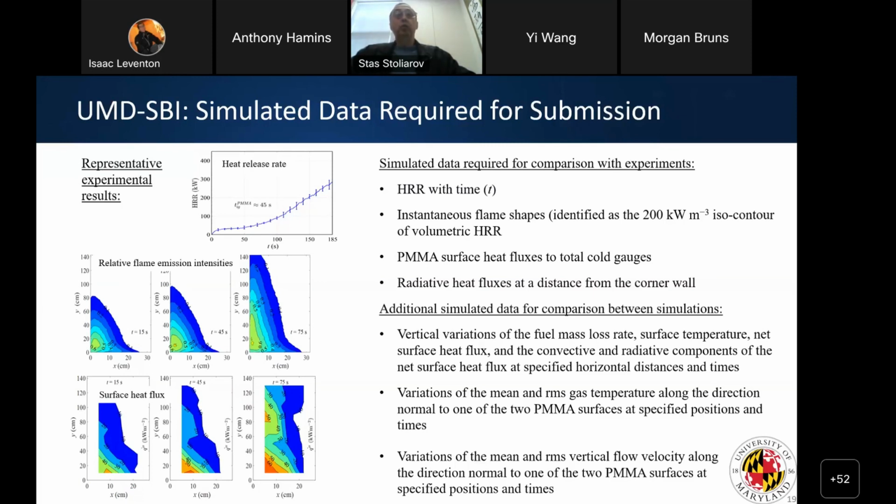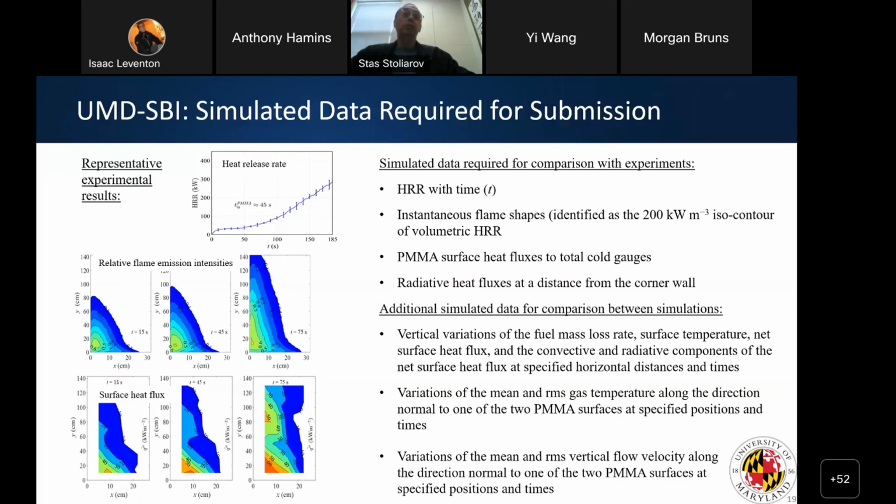We would also like you to reproduce heat fluxes to the cold heat flux gauges located along the panel. The figure on the bottom left shows you a representation of these heat fluxes at 3 different time points.